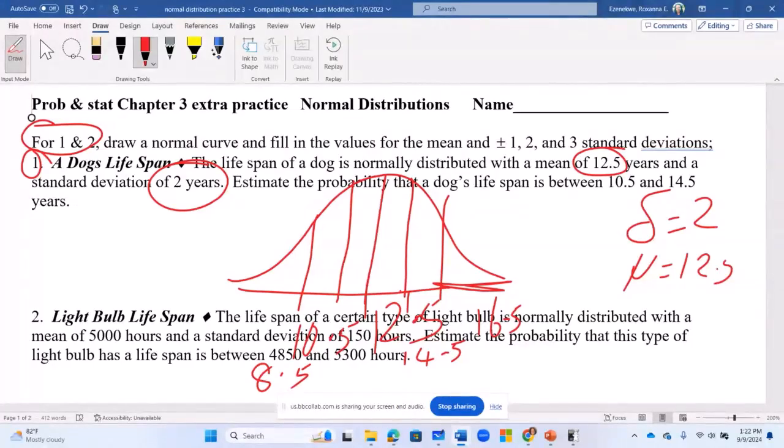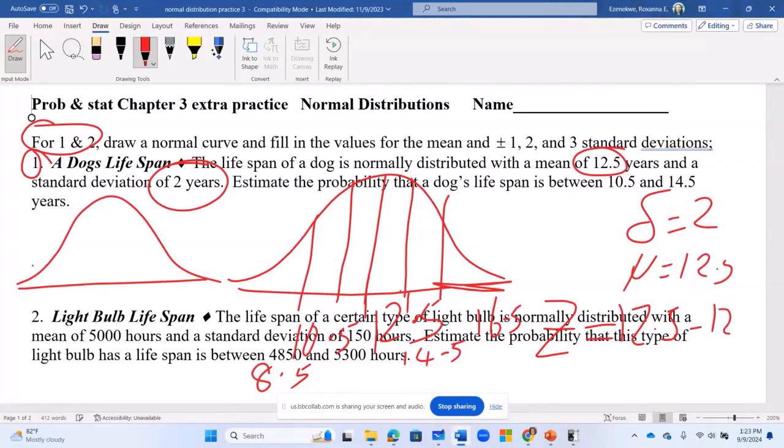Okay, now I'm going to change this to standard normal. So I'm going to draw my standard normal here. I already know that the mean is 12.5. By the way, since I want to find the z-score of the mean, I already know it's going to be 0, but let me check: 12.5 minus 12.5 divided by 2 is 0.